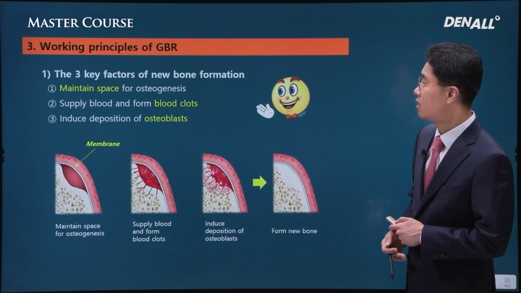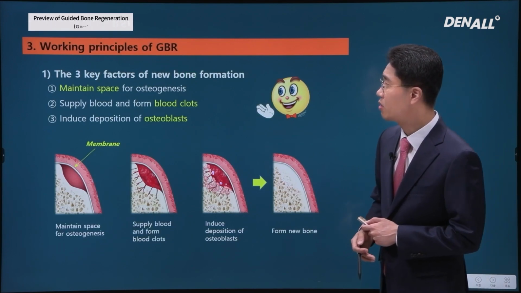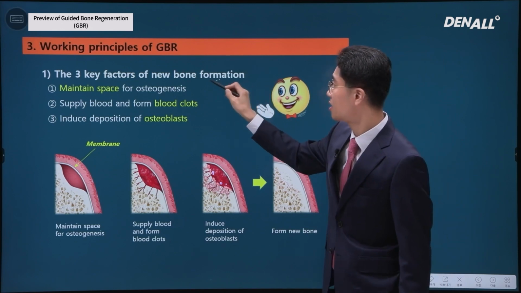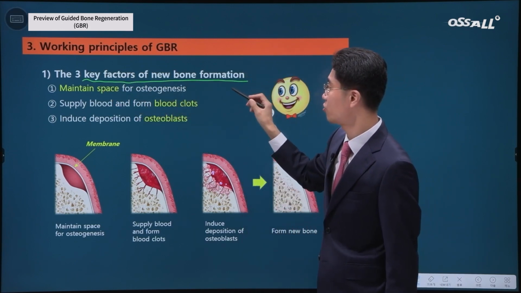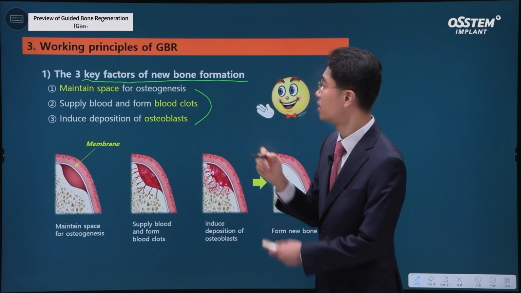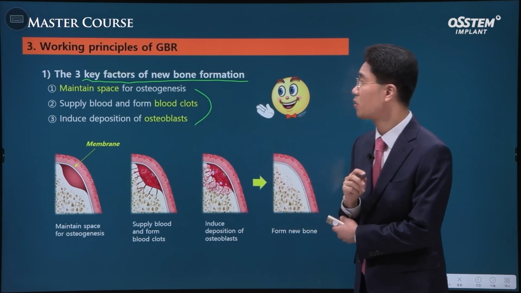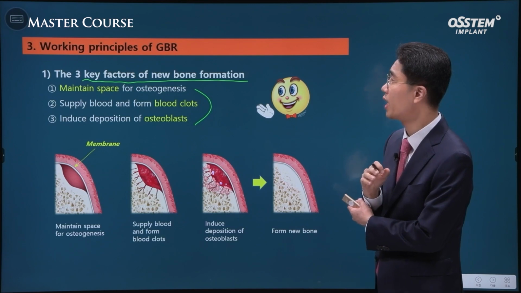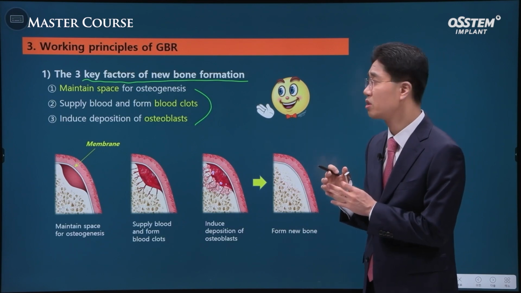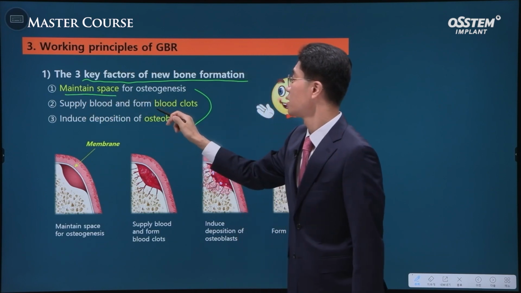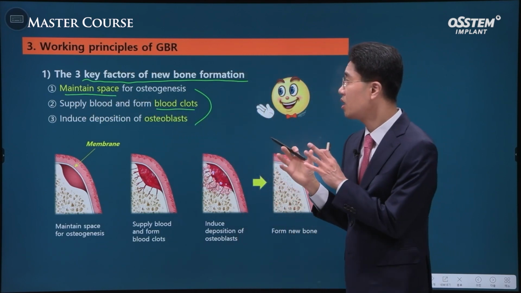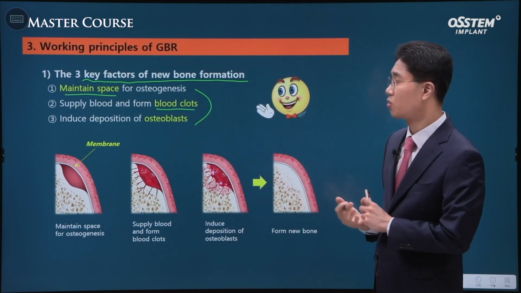There are important factors in regenerating bone. There are three important factors. First is maintaining space for osteogenesis. Second is to stably manage blood clots.